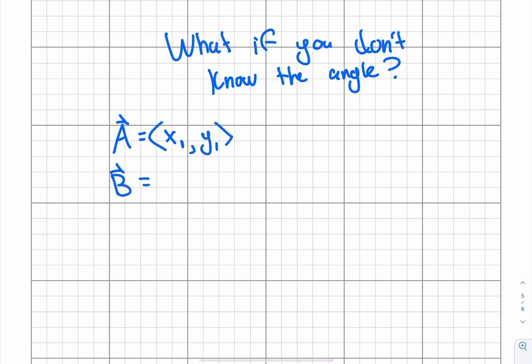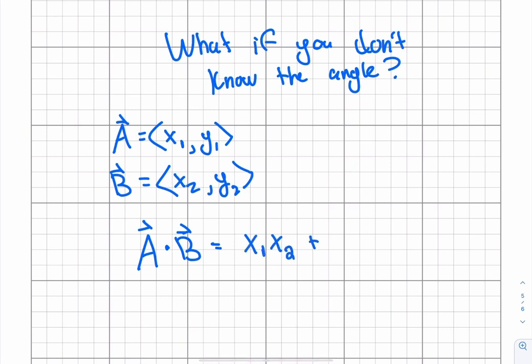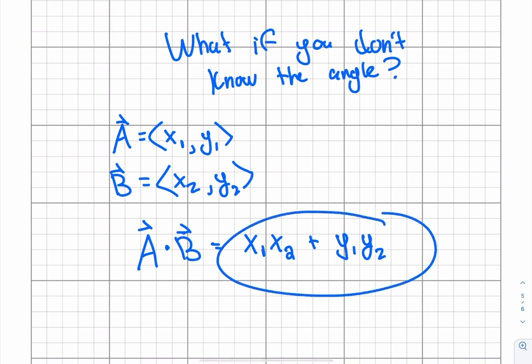And vector b is equal to x2, y2. Another way to solve for the dot product of two vectors is to take their x components, multiply them together, and add them to the y components multiplied together. And as you can see again, this will give you a scalar.